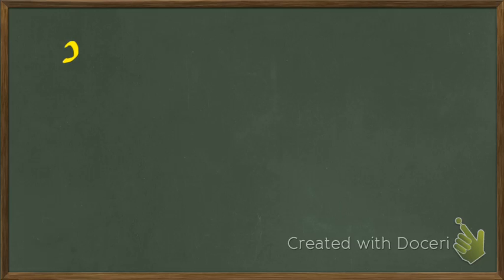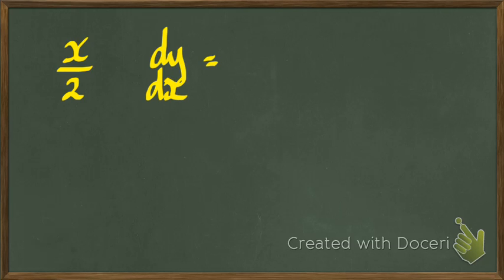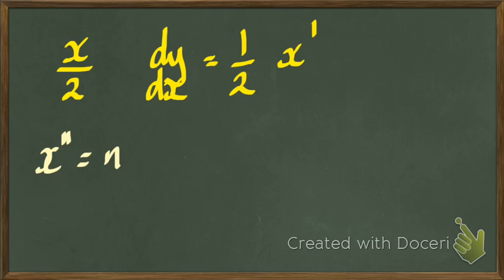So if we have x over 2, dy dx gives me, remember I don't have to shove the half out the front, I can just keep it inside the differential. It gives me half x to the 1. I now apply my standard result, x to the n differentiates to n x to the n minus 1.